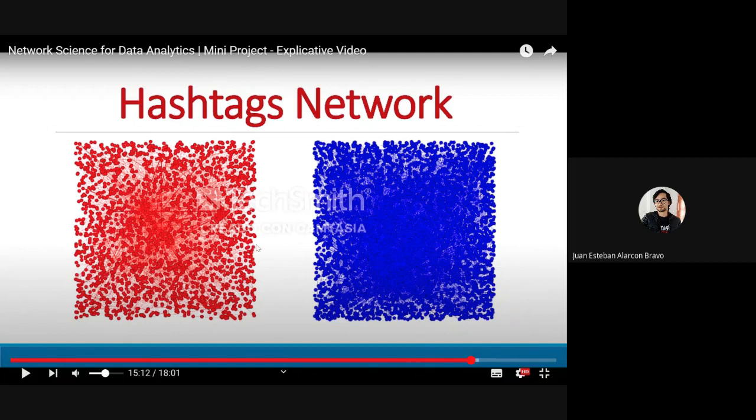It's like the hashtags just arise or appear after the show is finished. Some hashtags start to appear and appear. You can see here the density of nodes is just higher in the blue one. That's the one that happened the day after.